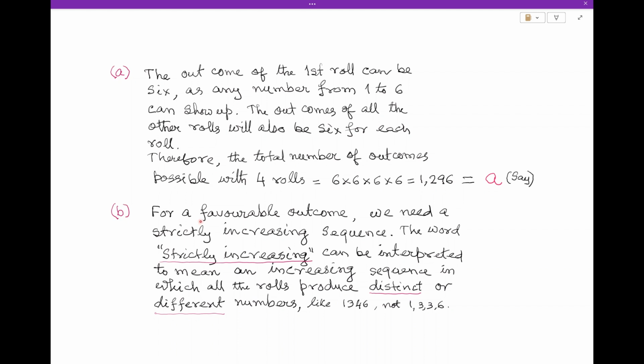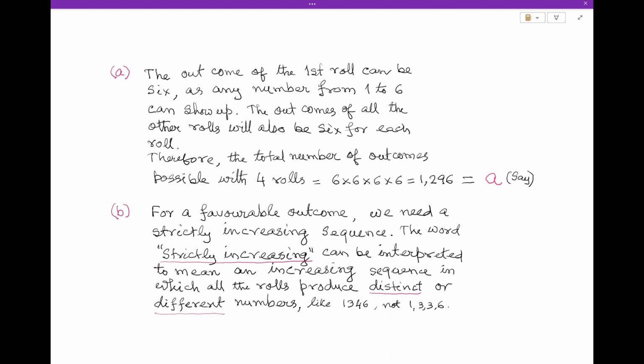For a favorable outcome, we need a strictly increasing sequence. The word strictly increasing can be interpreted to mean an increasing sequence in which all the rolls produce distinct or different numbers, like 1, 3, 4, 6, not 1, 3, 3, 6.